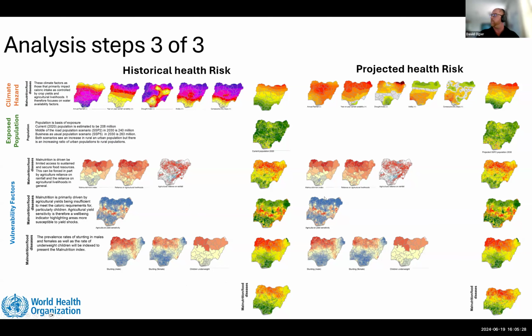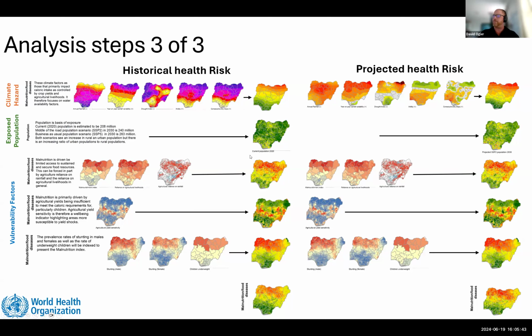The same is done for projected. Again, these are anomaly climate changes, but to make the actual indicator, use the actual, not the anomaly, obviously. And then this is just a future projection of population. So the indices are based on the individual indicators.